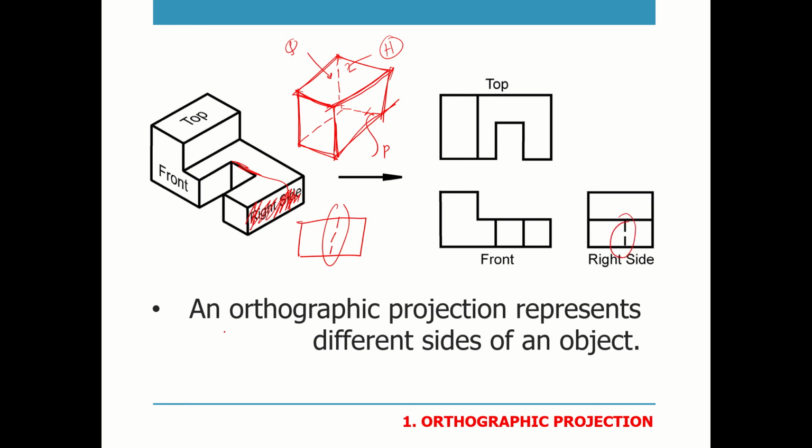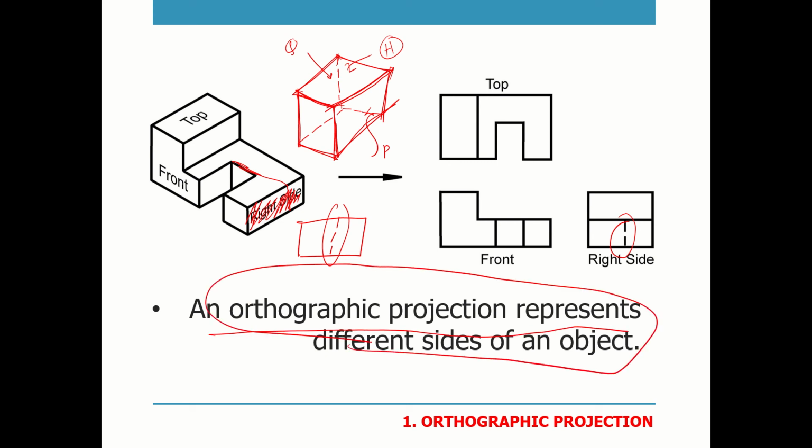So an orthographic projection represents different sides of an object. If you are given a 3D object like this, you should be in a position to convert it into 2D drawings.